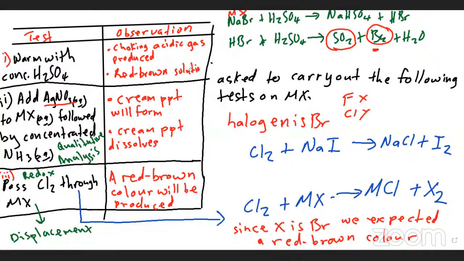Sir, could the choking acidic gas observation be used for all halogens? No, the choking acidic gas is for SO2. So this is for SO2, and this right here is for Br2, because if you look at the reaction here, you are going to get SO2 and Br2.